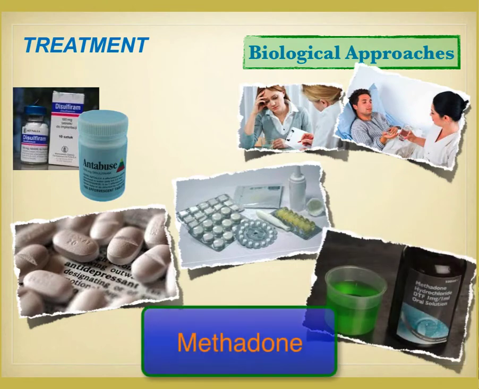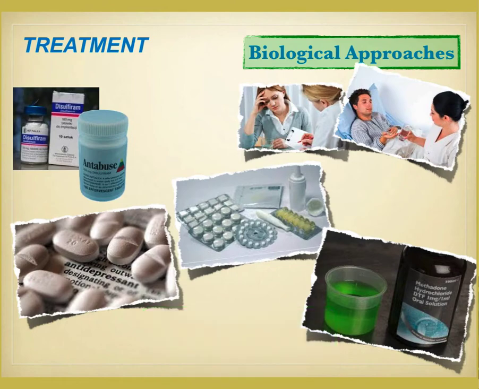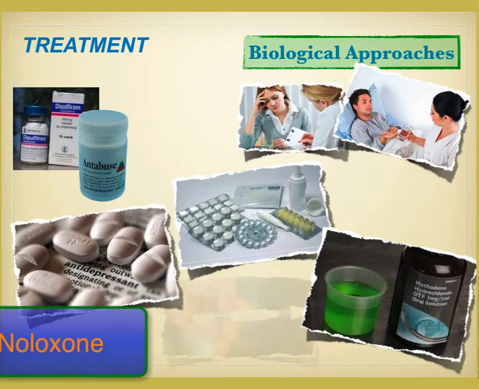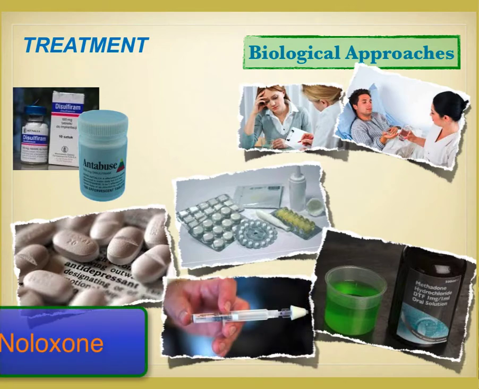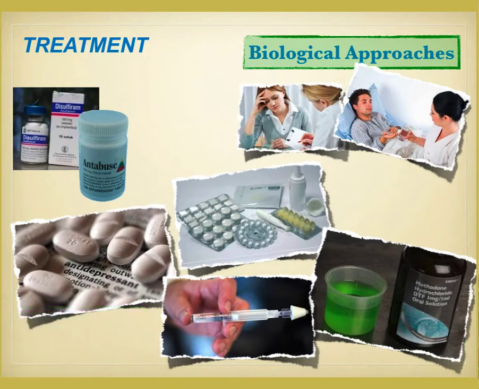Methadone is a synthetic opiate. It's used for heroin addiction. It does come with its own risks in that it can, in turn, be addictive. Naloxone blocks the effect of heroin and other opiates on the system. So there's a lot of biological responses to addictions.